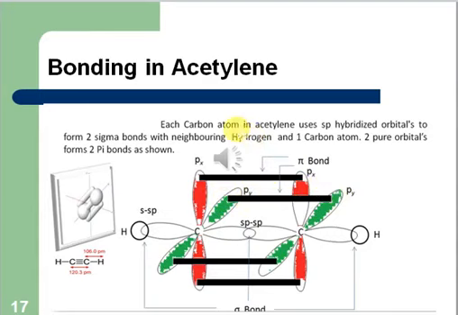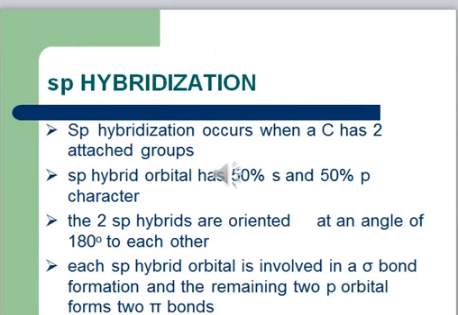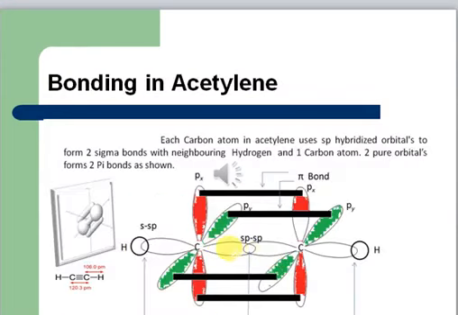So in acetylene, we have a sigma bond and 2 pi bonds. There is a triple bond here, and the triple bond has a sigma bond and 2 pi bonds. Always remember that hybrid orbitals always form a sigma bond, while the unhybrid orbitals always form the pi bond.